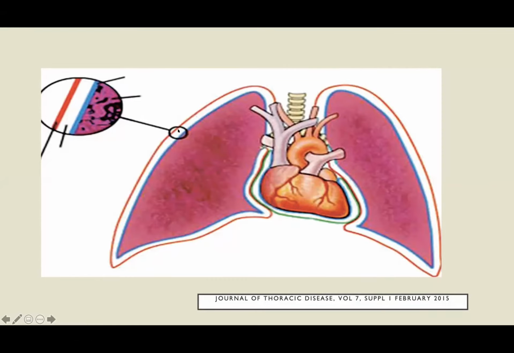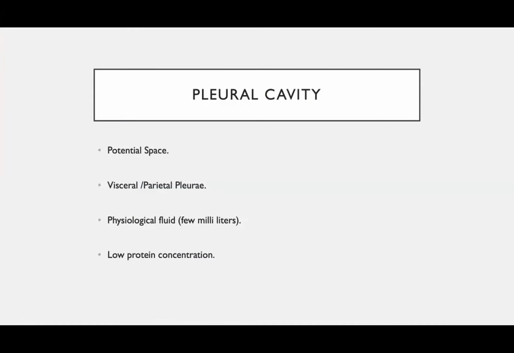Between them there is the potential space, the pleural cavity, which secretes a few milliliters of pleural fluid, usually low in protein. Why low in protein? Because in infectious processes, the protein concentration and ratio will increase during the inflammatory or infectious process in general. So this is the very basic information about the pleural cavity. As we have mentioned, it's a potential space. We have discussed all this.